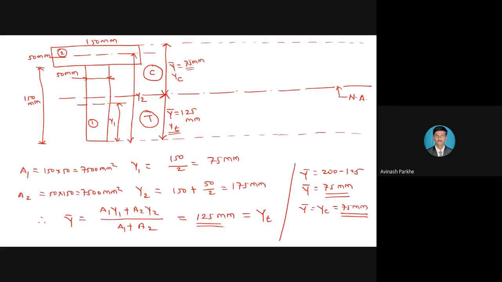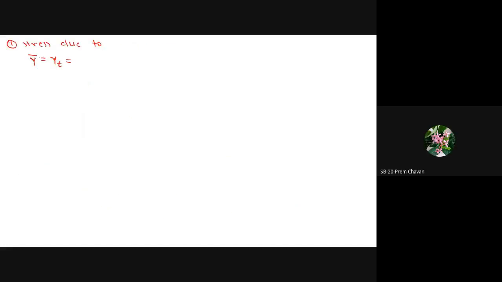Stress due to first y bar, which is equal to yt. What is the value of yt we have calculated? 125 mm. So use the formula M upon I is equal to sigma upon y.